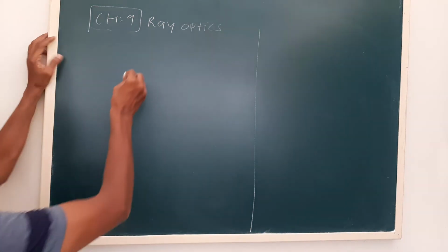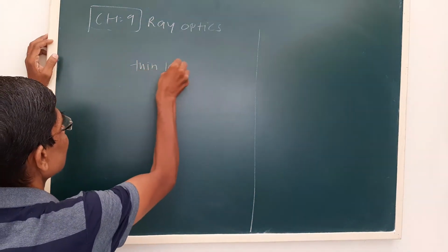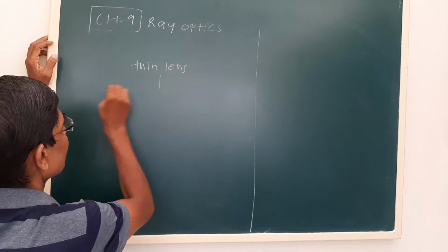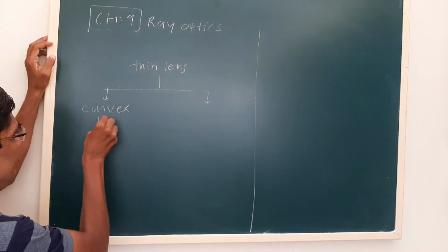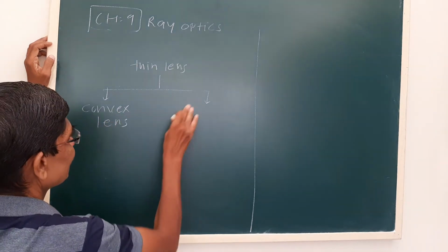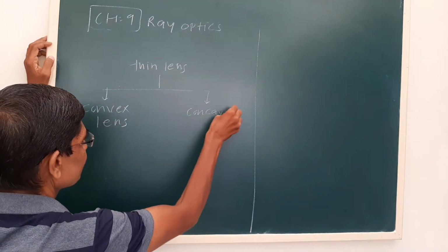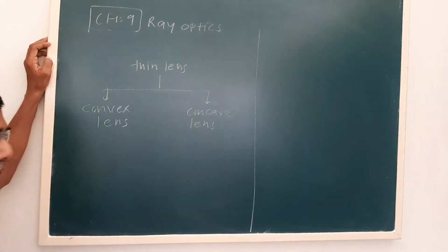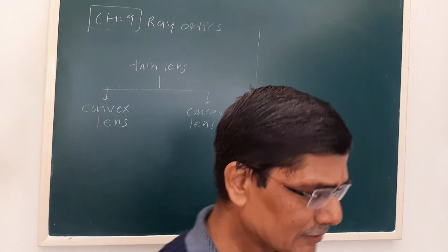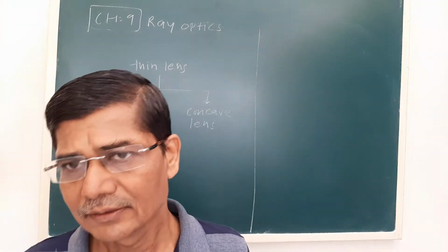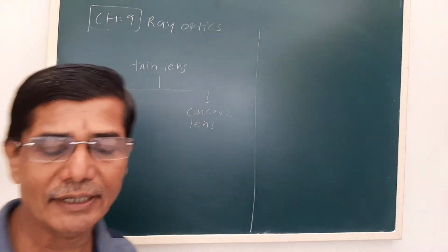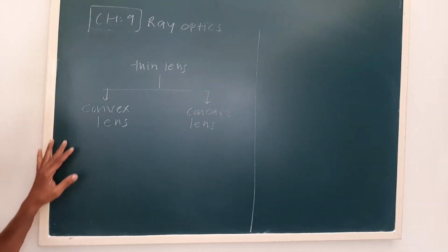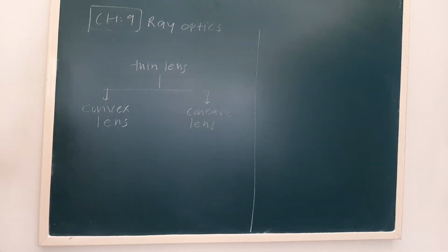Okay, one is a convex lens and second is a concave lens. Okay, in the 10th standard also you studied about this, but here in this lesson we have seen how the formula for the thin lens is derived. Okay, earlier we derived the mirror formula, now we derive the formula for the lens also.